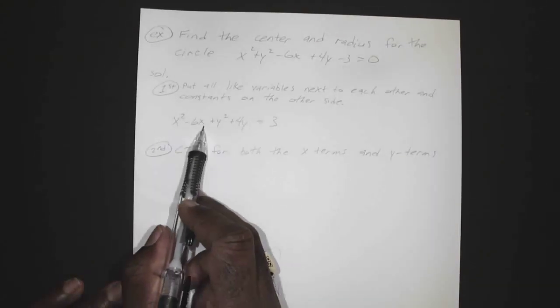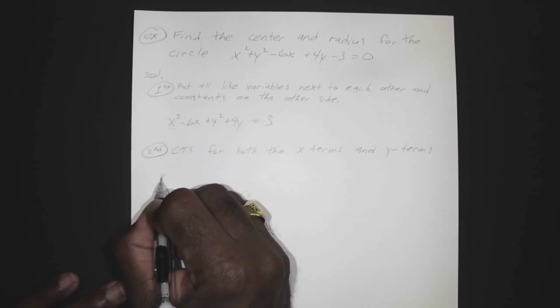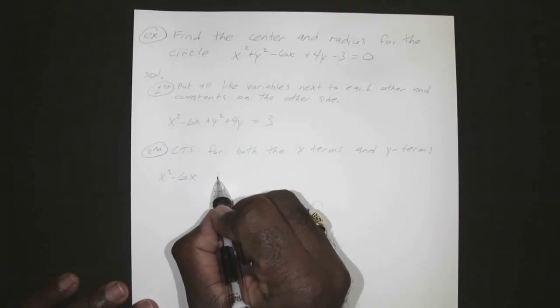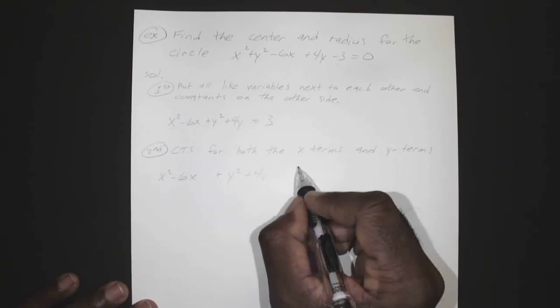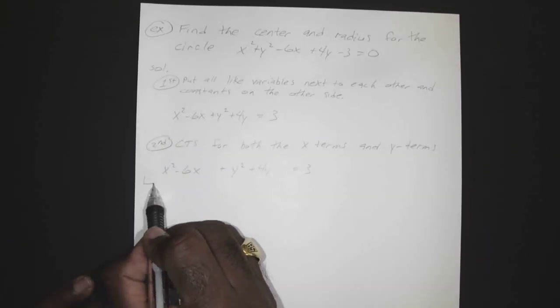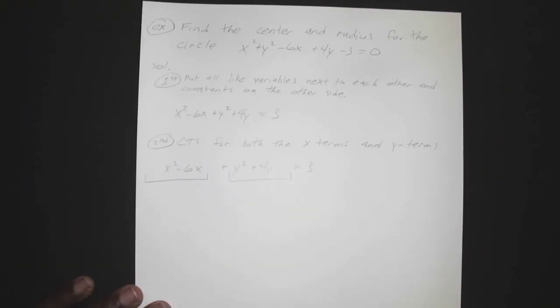Normally I'll rewrite that and give it a little bit of space. So x squared minus 6x plus y squared plus 4y equals 3. We're going to complete the square for those two and complete the square for those two.